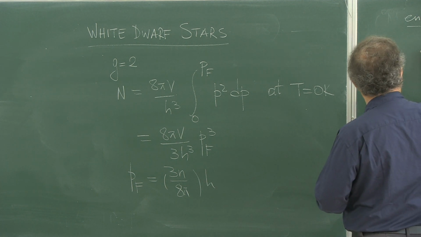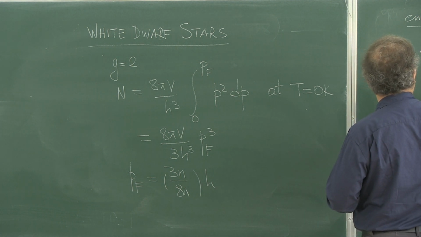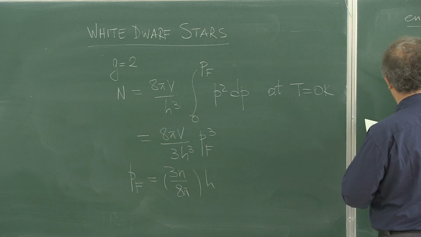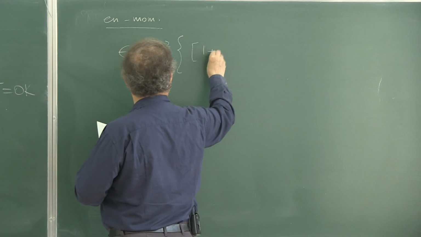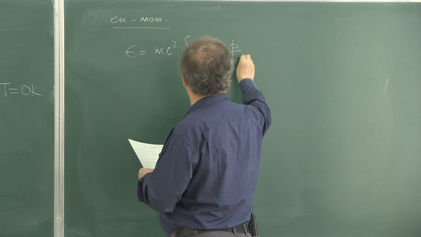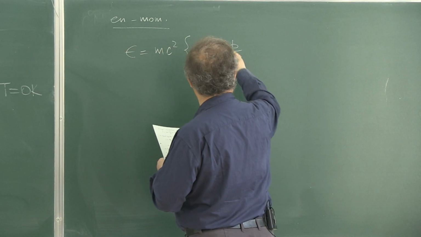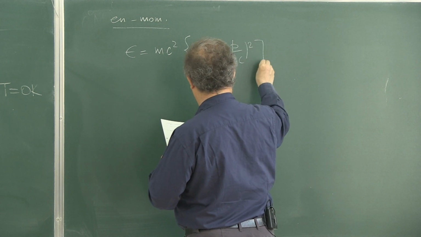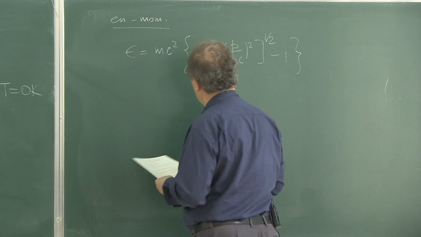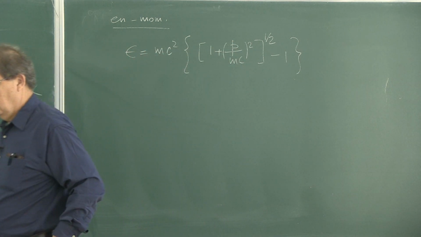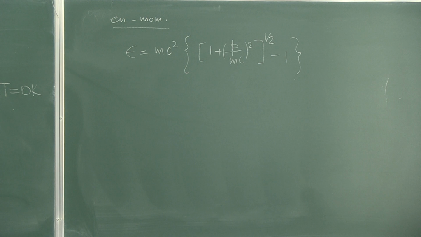In the relativistic case, it is mc² times the square root of 1 plus (p over mc) squared, minus 1. That's the relativistic energy of the particle.